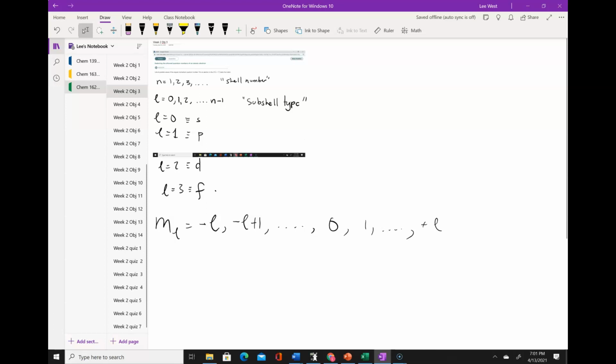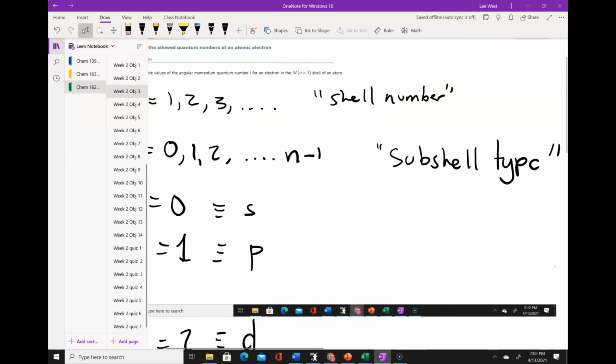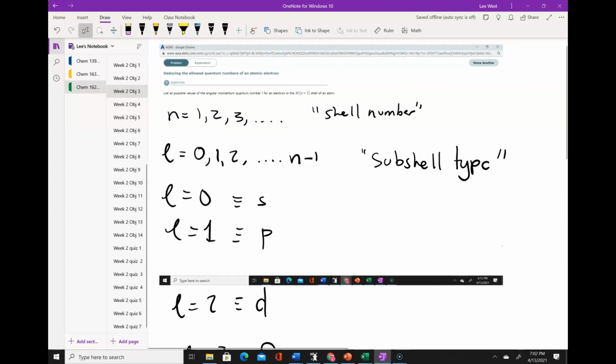When l equals 0, the only possible value is from minus l, minus 0 is 0, up to plus l, plus 0 is 0. So the only value of m_l is 0. And then finally we have m_s, and m_s is plus or minus a half, and that's the spin quantum number. So we have the principal quantum number, the angular momentum quantum number, the magnetic quantum number, and the spin quantum number. You can look these things up in tables. You just kind of got to know how to use them.